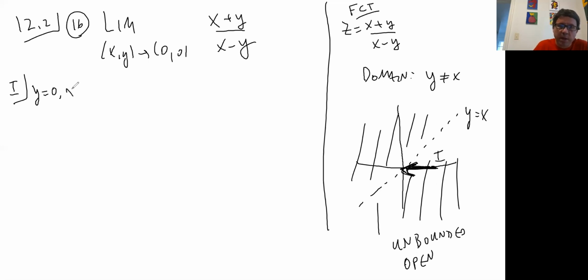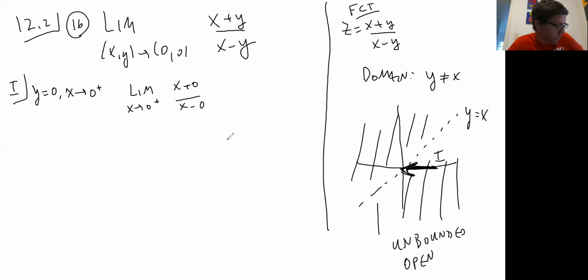And at the same time, x is going to 0, but I'm plugging in positive values for x. So I impose that on that limit, and it becomes the limit as x goes to 0 of x plus 0 over x minus 0, because y is 0. So, what do we get? We get the limit as x goes to 0 of x over x.